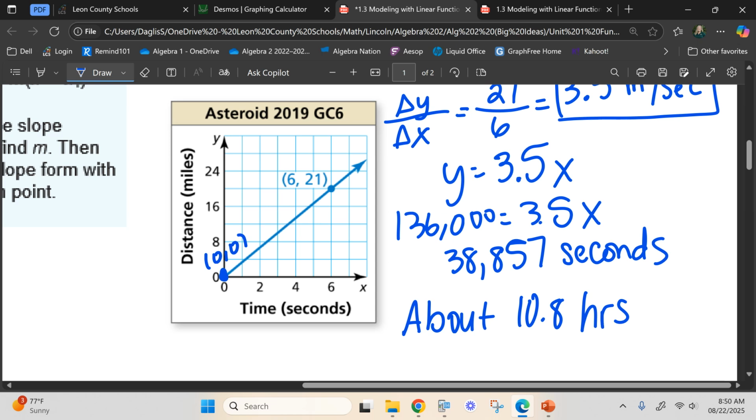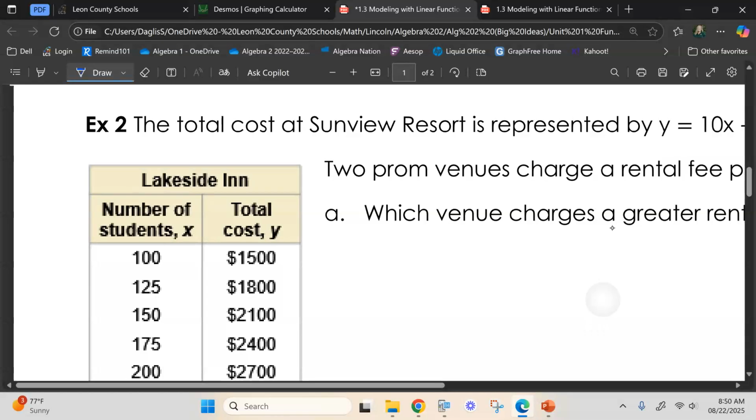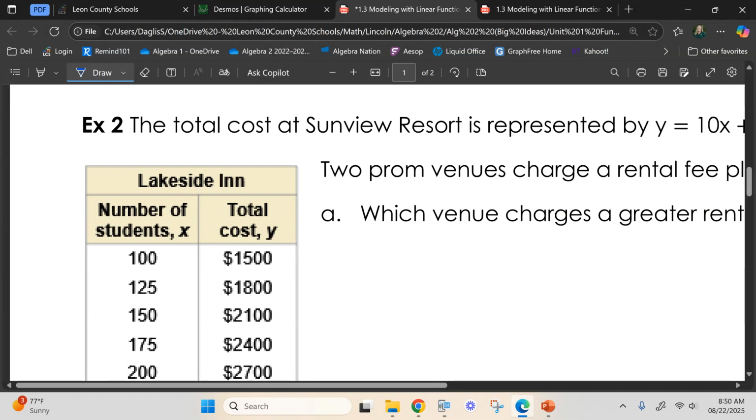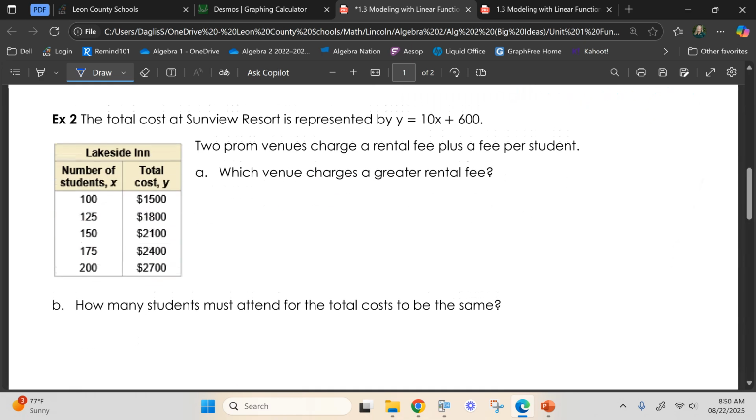Our next example, we're going to compare 2 different pieces of information. Okay. So you have a group that wants to rent a venue for prom. To compare the 2 different venues, we have the Sunview Resort and we have the Lakeside Inn. The total cost at Sunview Resort is represented by the equation y equals 10x plus 600.